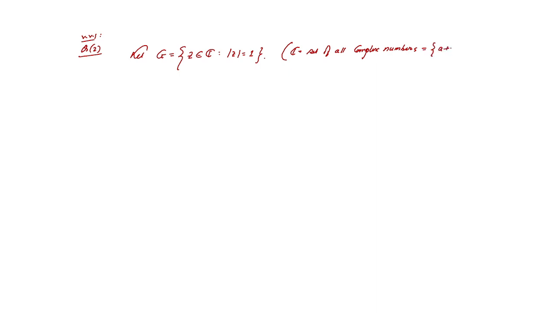So that means it is of the form A plus iB, where A, B belongs to real numbers and i is basically root under minus 1. Show that G is a commutative group with respect to usual multiplication on C.